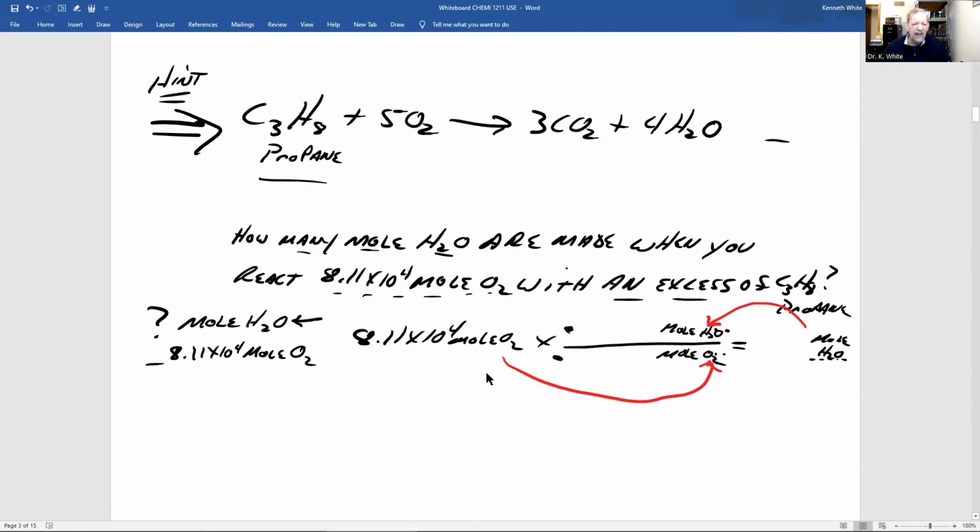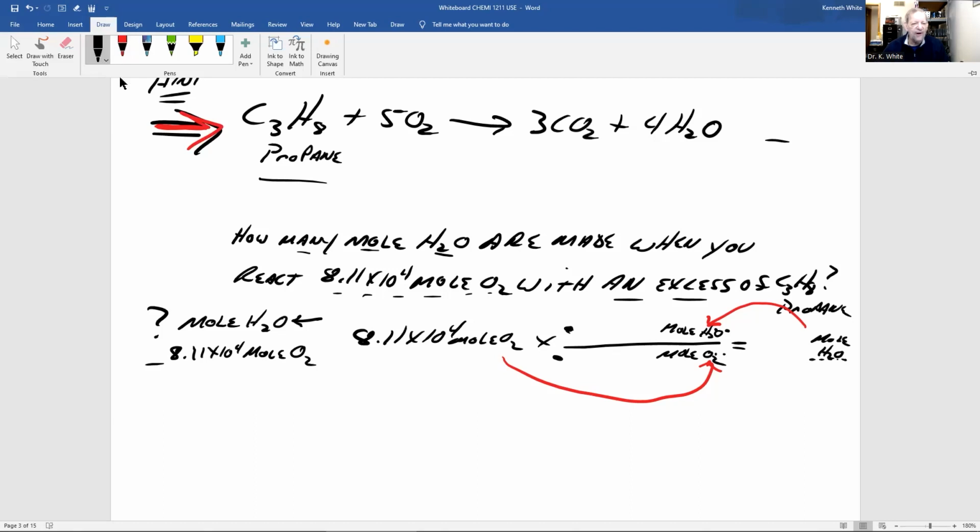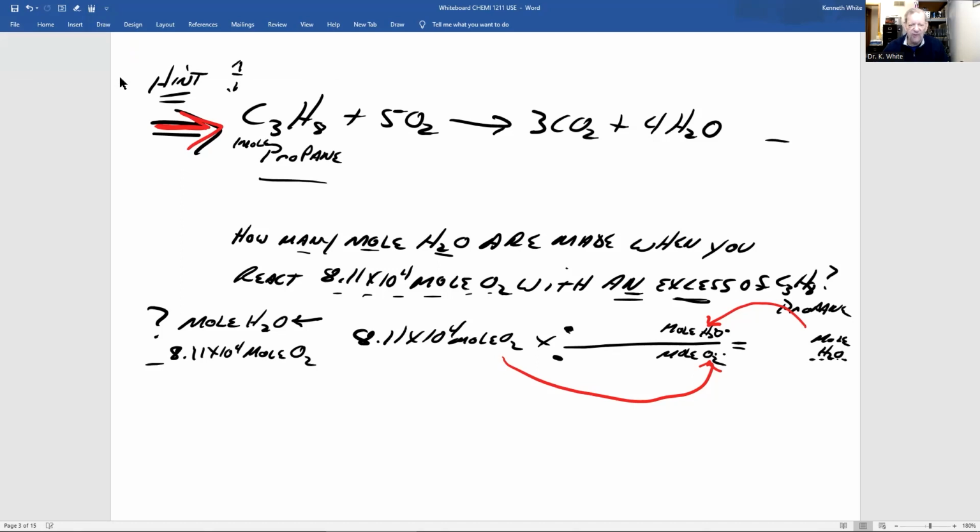So we look at this balanced chemical equation. What it tells us is 1 mole of propane, which we can ignore because there's excess. Remember, when there's no coefficient, it's the number 1. But here we have 5 moles of oxygen.